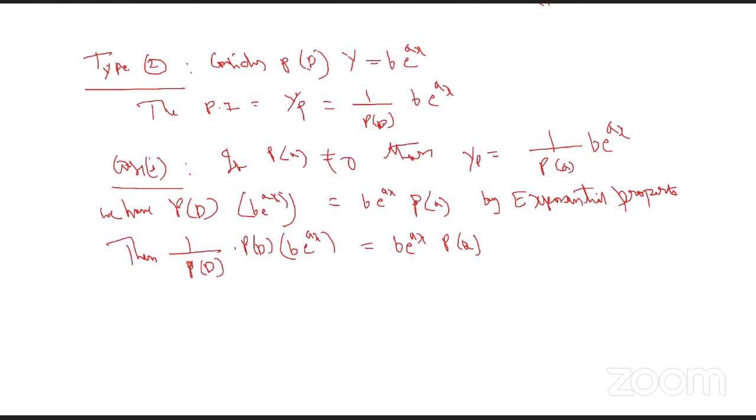Then y_p equals 1 by P(D) of B e^(ax), which equals B e^(ax) divided by P(a), where in place of D we are substituting a.